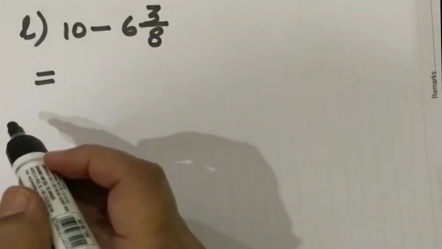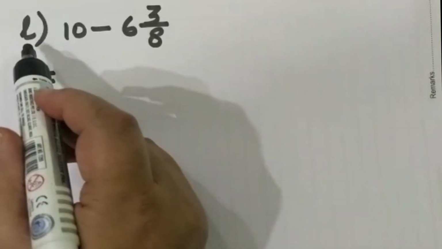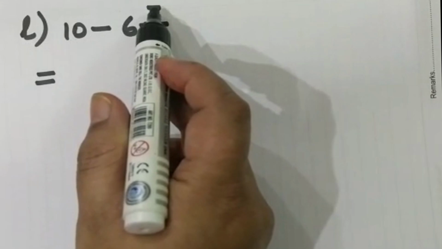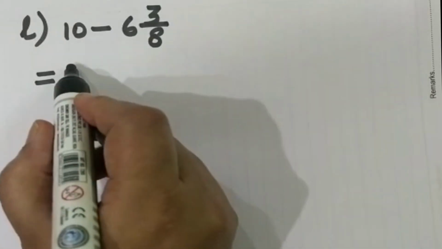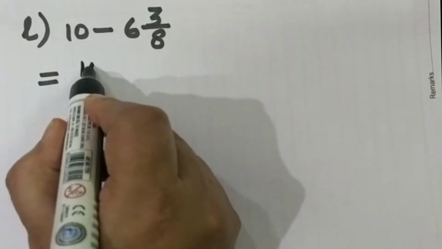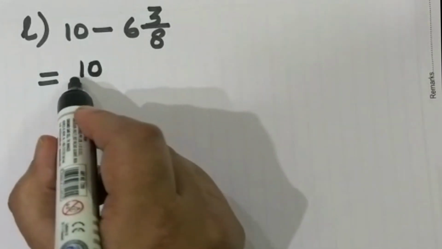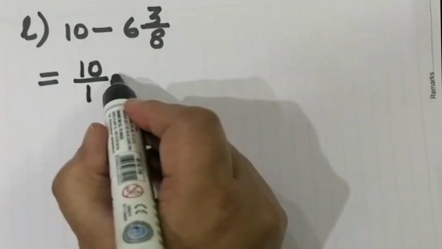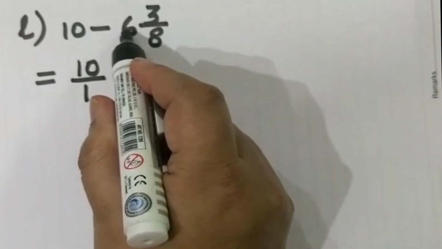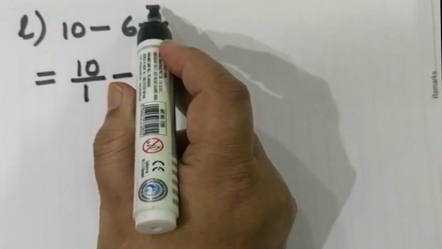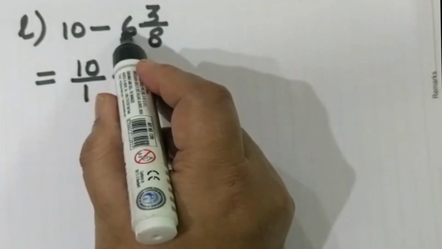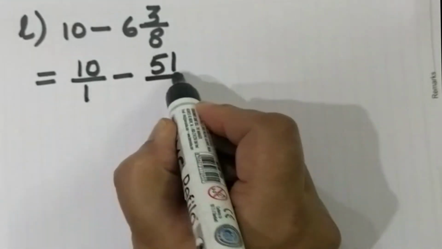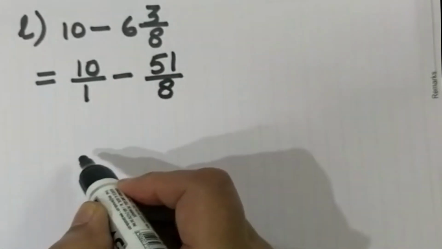One more part I am explaining, the last L part. 10 minus 6 whole number 3 by 8. So here is 10. It means the denominator is not given, so we can write here 1. 6 eights are 48 and plus 3, 51 upon 8.